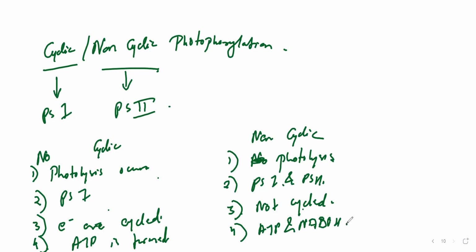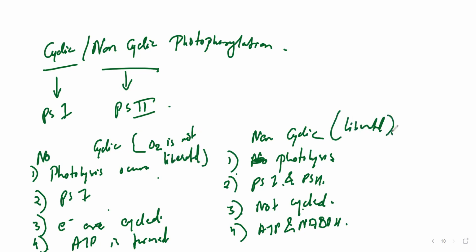So here in the cyclic, oxygen is not liberated, whereas here it's liberated. So this is the difference between the electron transport system types, that is cyclic and non-cyclic photophosphorylation.